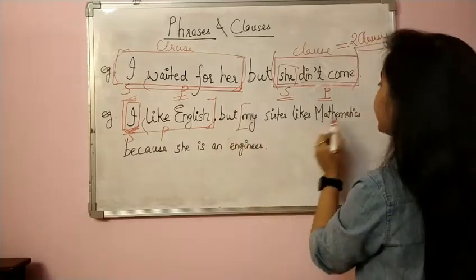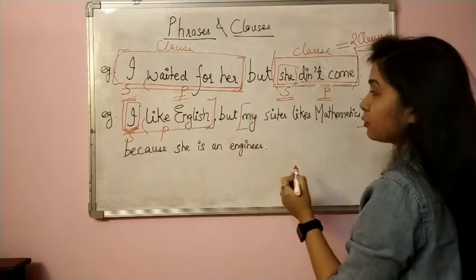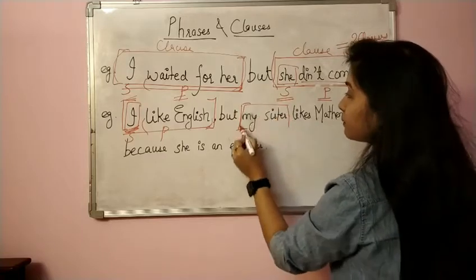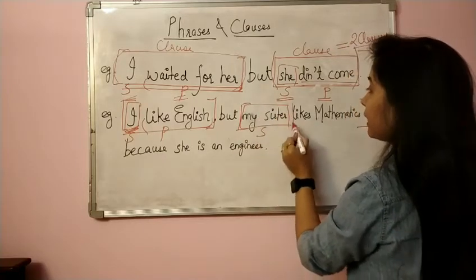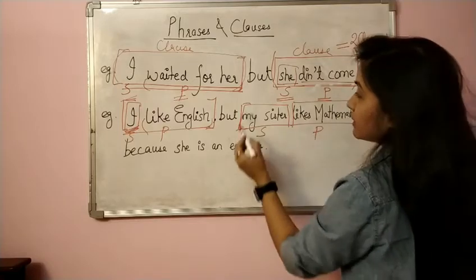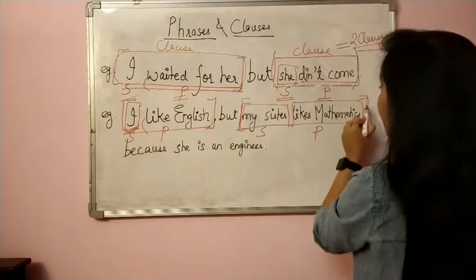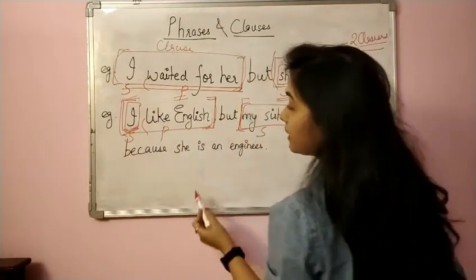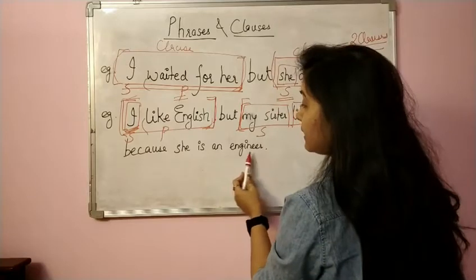My sister likes mathematics. So here again my sister becomes the subject and likes mathematics becomes the predicate. So this is one clause, this is another clause, and here, she is an engineer.